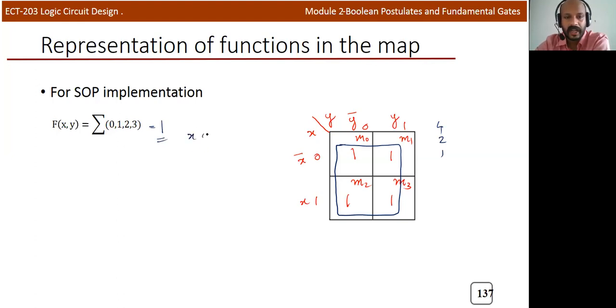Means if you write x, y as the input combination and the function output f: if it is 0, 0, output is 1. If it is 0, 1, output is 1. If it is 1, 0, output is 1. If it is 1, 1, output is 1. So irrespective of the input, the output is always 1. So I can indicate the output is equal to 1 in this particular problem. Okay, thank you.